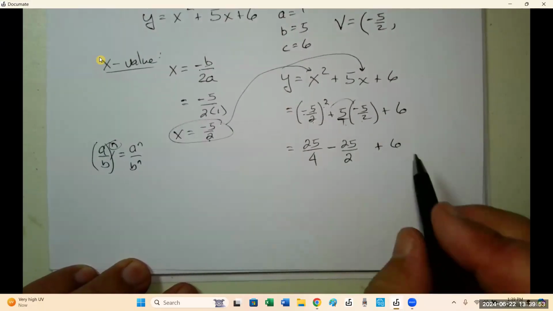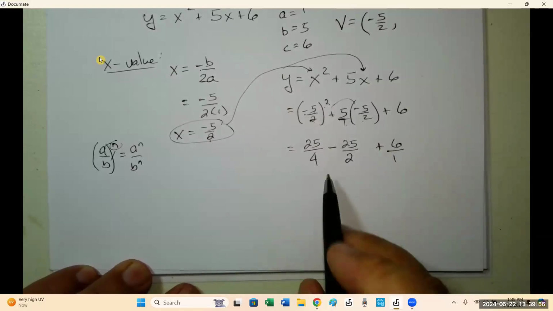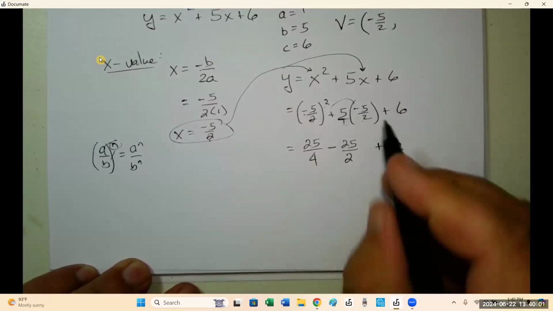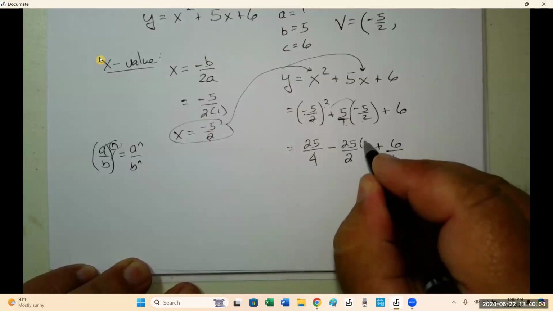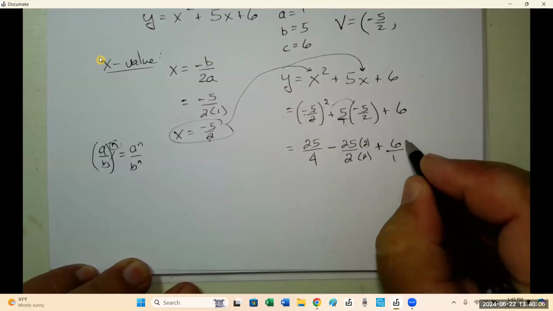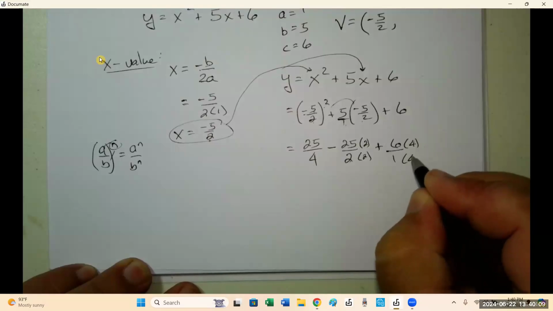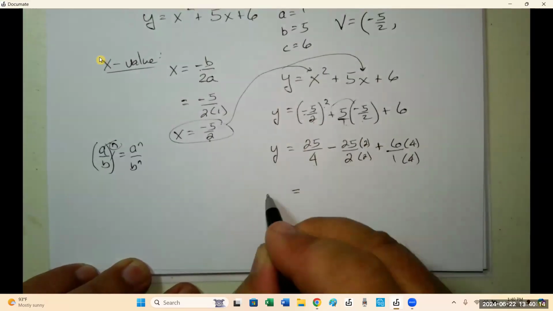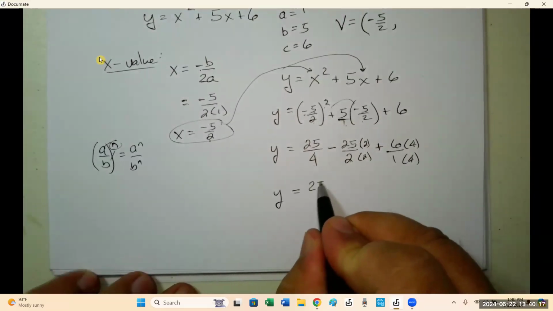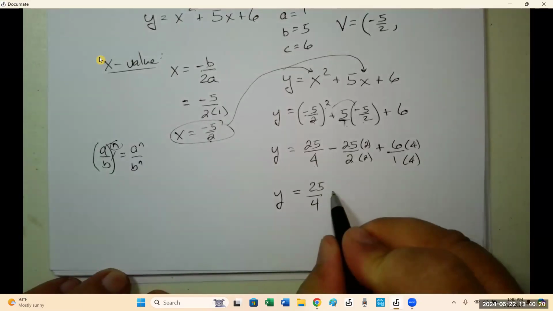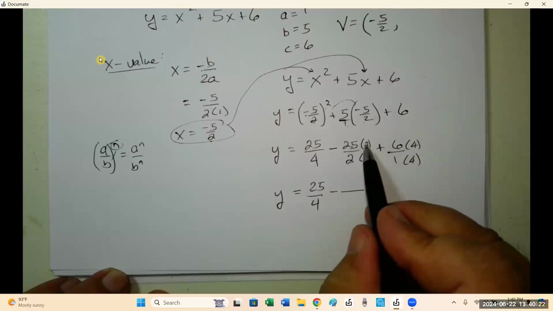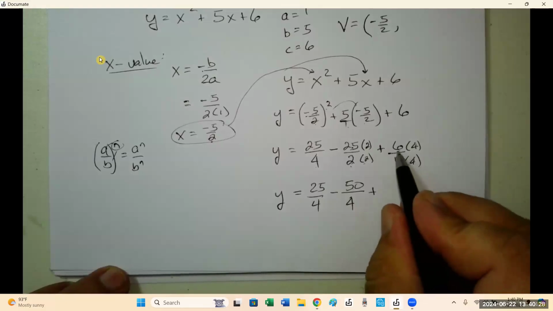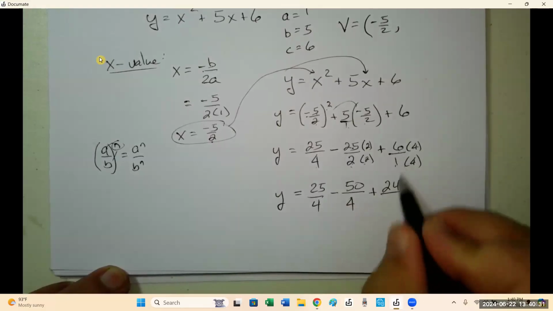Now we have to get a common denominator. These are all fractions. So the smallest denominator that they all fit into is 4, which means this one needs to be multiplied by 2, and this one by 4. So we get 25 over 4. 25 times 2 is 50. 2 times 2 is 4. 6 times 4 is 24. 1 times 4 is 4.